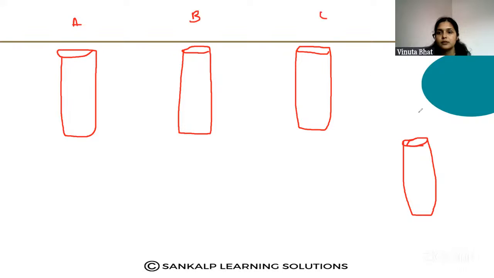Here in the first test tube zinc, in the second test tube iron, in the third test tube magnesium, and in the last copper.